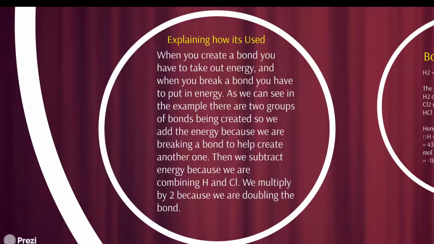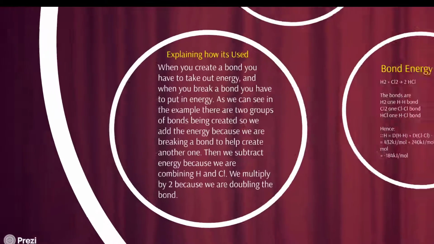In general, and this is just a quick review on bond energy, we say that in order to break a bond, it takes energy, and that energy is released when a bond is formed. This one's just a more formal definition, but it takes energy to break a bond, and then energy is released when that bond is formed.